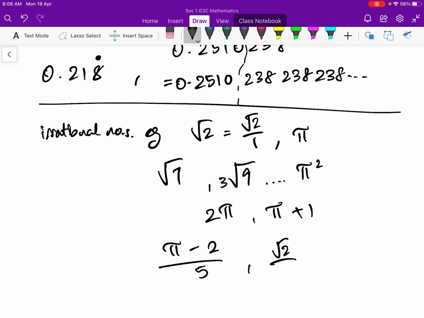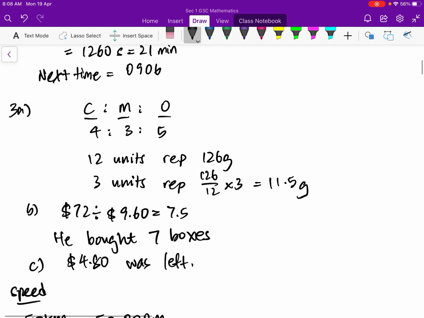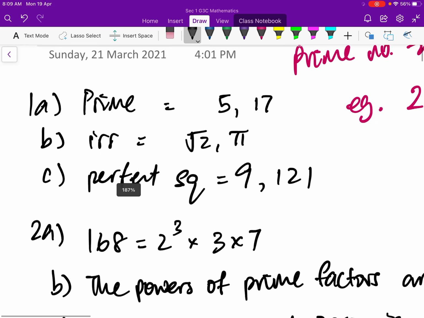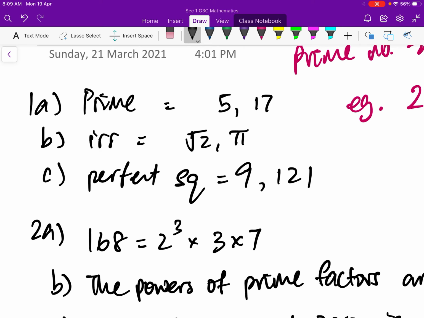Square root 2 over 3, all irrational. Okay? So back to the question. Irrational numbers, in this case, we've got our square root 2 and pi, based on the list. So all the numbers with the dots on top, they are all rational. And then finally, we have our perfect squares. So perfect squares will be our example.